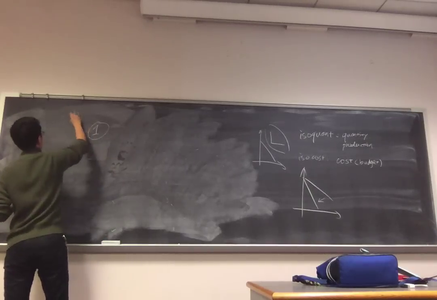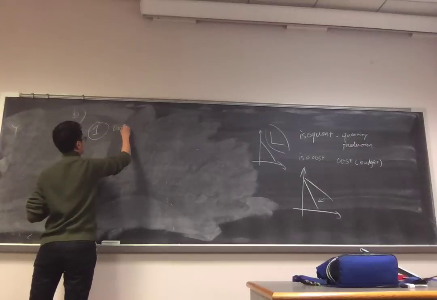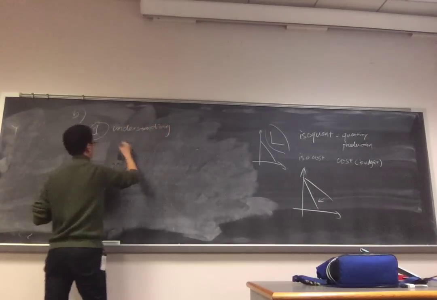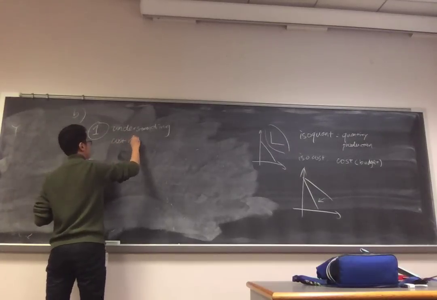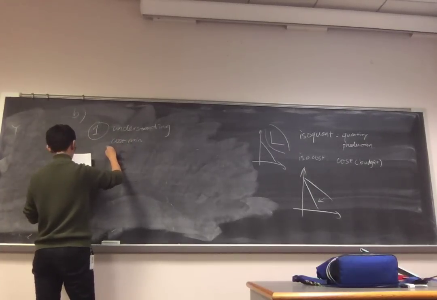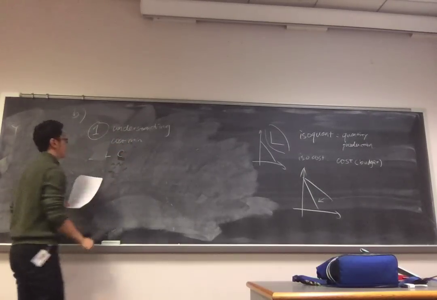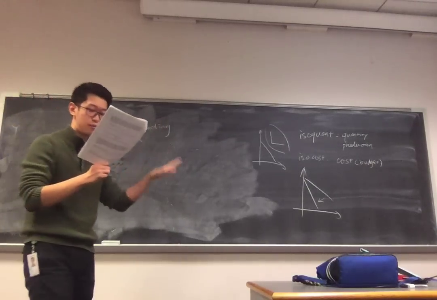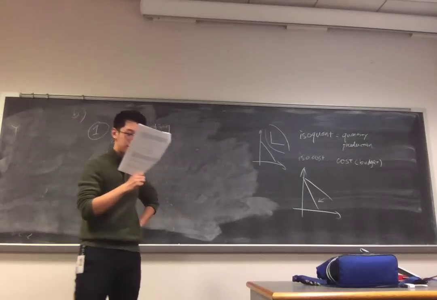It's B. First is understanding the question. And what we got is the cost minimization, and we got inputs as labor and capital. And what's your point, Harsh? The second important, or maybe another important message you got from this?